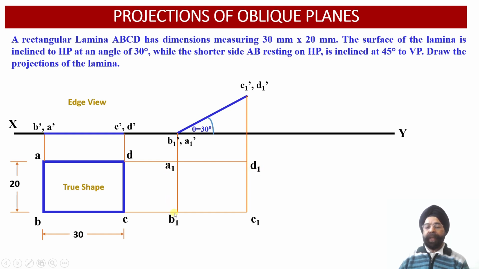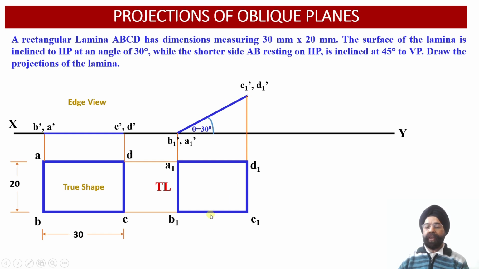So once we have obtained A1, B1, C1 and D1 points in the plan projection view, we are going to join A1, B1, C1 and D1, right? Once we join this, we observe that the length A1, B1 happens to be the true length, whereas the edge B1, C1 is represented as an apparent view projection of the edge B1 dash, C1 dash, which was appearing as a true length in the front view.